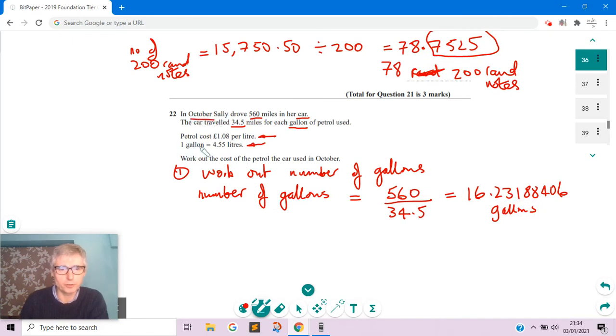And we need to then work out how many litres that would be.